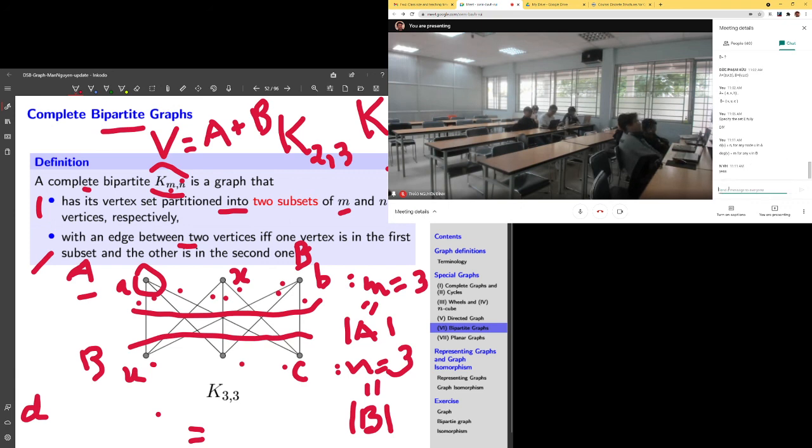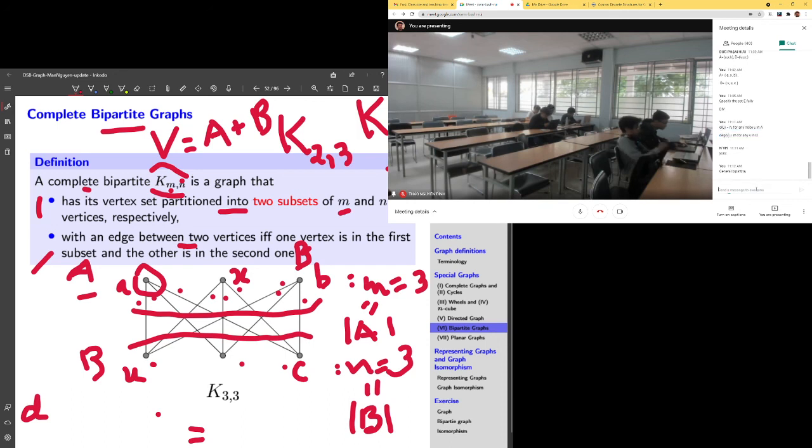But in a bipartite graph that is not complete, then you don't have that. In a bipartite graph that is not complete, the degree of the vertices in each part, the condition becomes an inequality, not an equality.